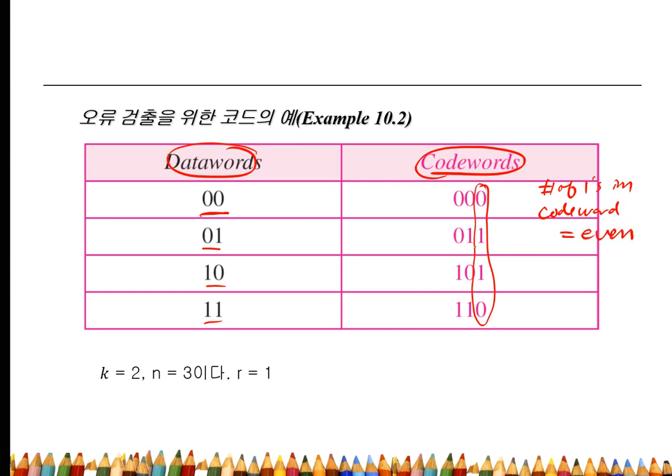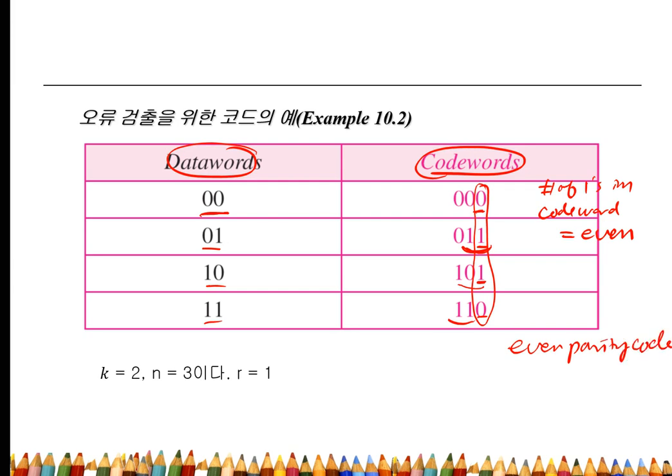For example, the data was 01, right? For an even number of ones, we need to add a one; for 00, we add a zero. So there are two ones, like this. We call this an even parity code.